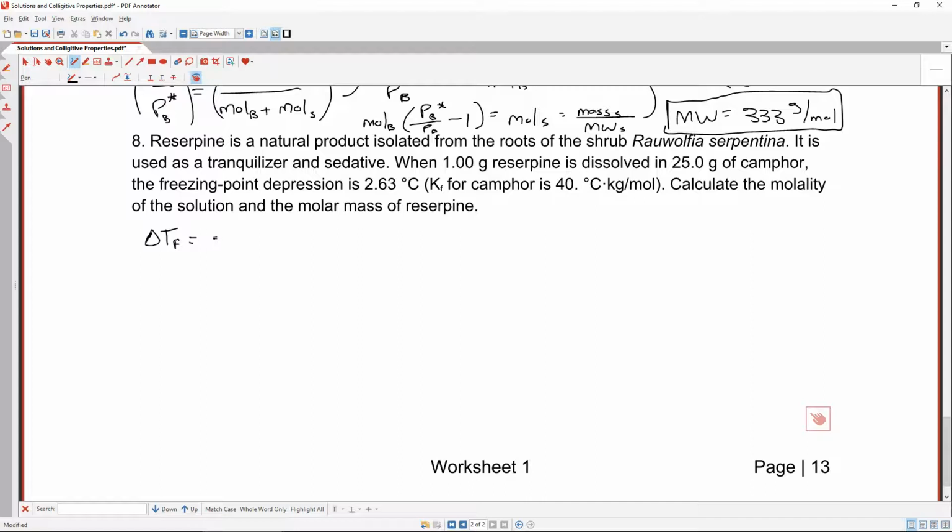So I'm going to assume that the van 't Hoff factor is 1. So Kf times our molality. We can very easily solve for molality because delta T is given.